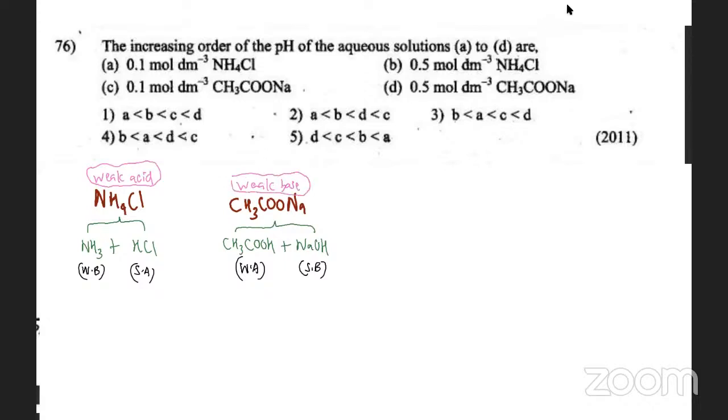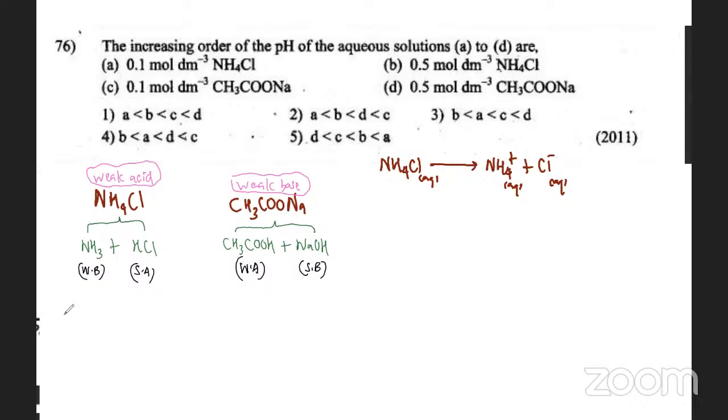All right, so you should know that ammonium chloride will completely dissociate into ammonium ions and Cl- ions. That will happen, and then that ammonium ion will react with water. Okay, wait. So this is a weak acid, this is a weak base.